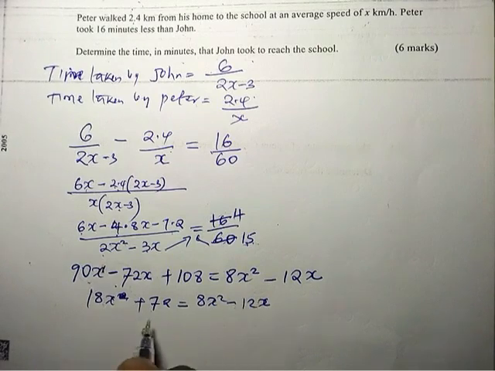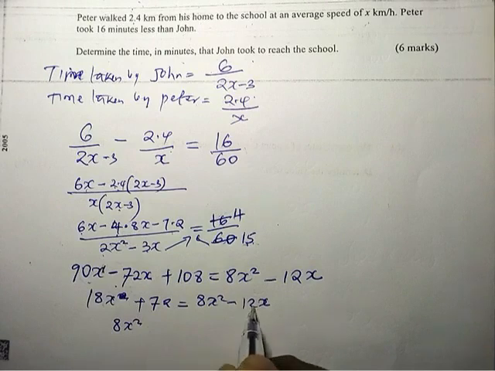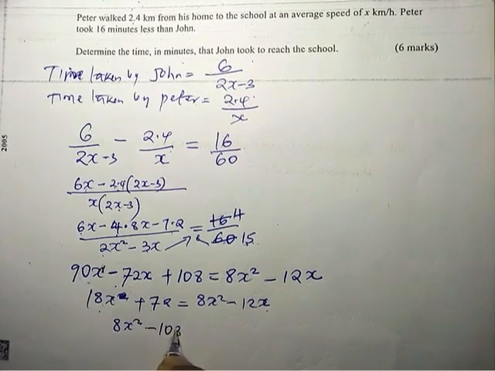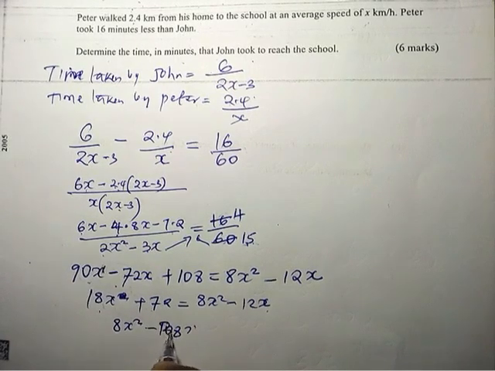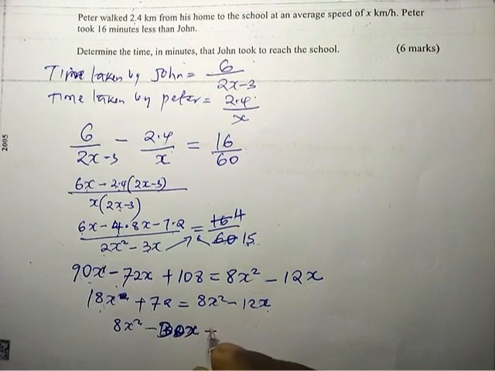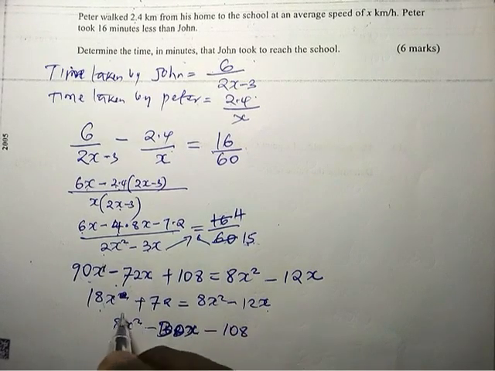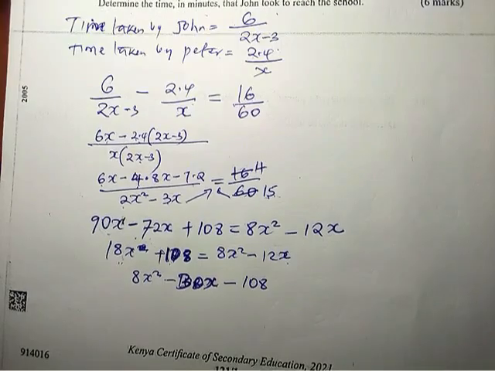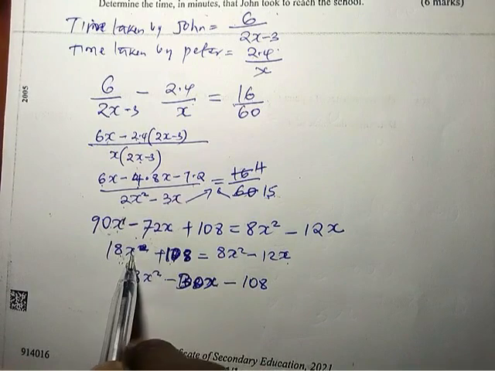Hii ikikuja pande, so tunaenda kuwa na 8x squared. Hii naenda hapa itakuwa subtraction, so itakuwa negative 18x. Hapana, itakuwa negative 30x, and then minus 108. Kumbuka hapa tulikuwa na 90x minus 72x ni 18x, sawa?